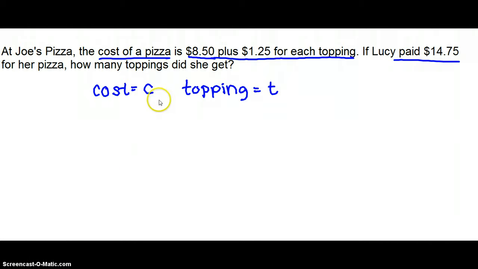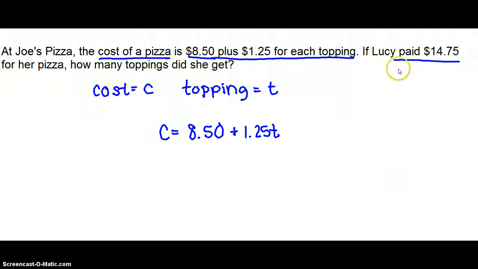So, using these variables in the given information, let's write an equation to express this. The cost of a pizza is, so I'm going to say C equals $8.50 plus $1.25 for each topping, or $1.25 times each topping. So $1.25t. And this would be our equation for the problem.